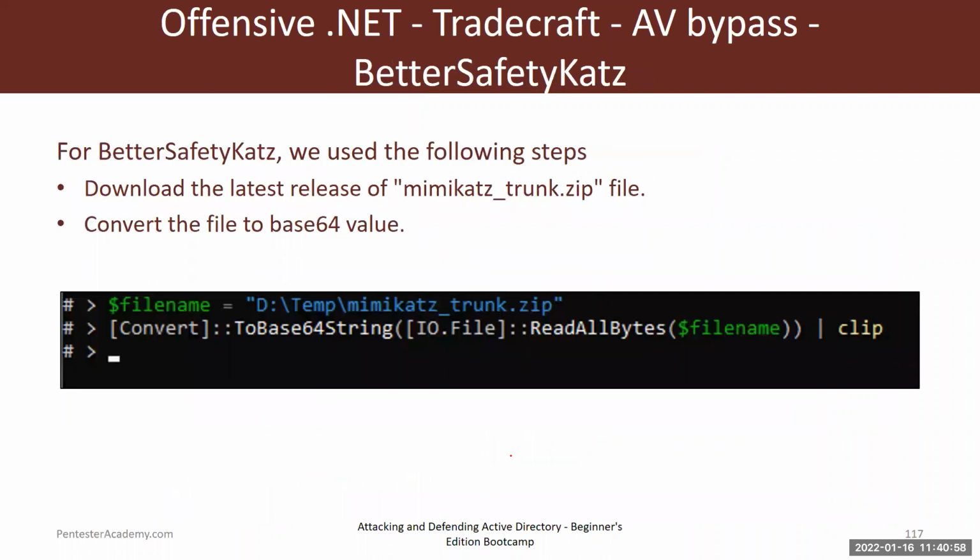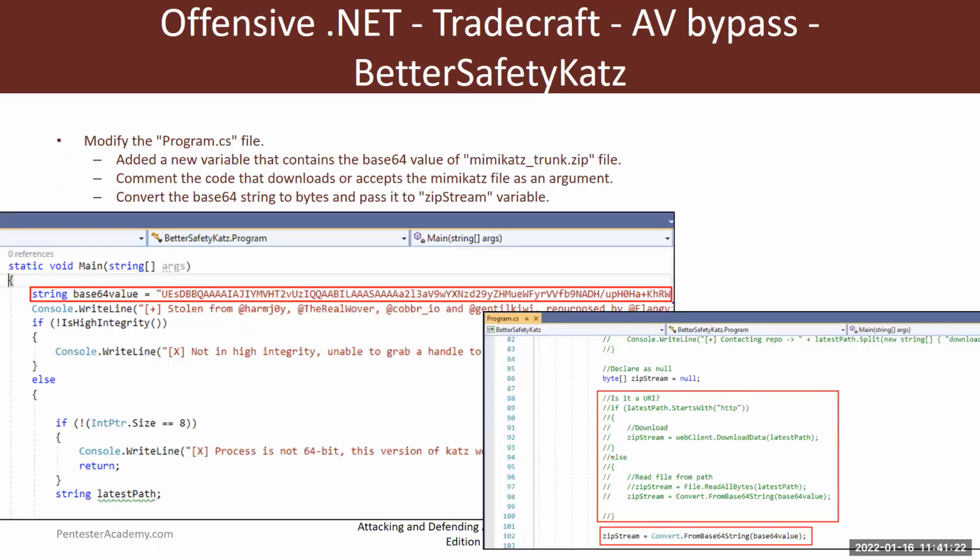For BetterSafetyKatz, what it does is it downloads the latest version of Mimikatz from Benjamin's GitHub repository and uses it. So downloading anything from within an executable may also flag some behavior-based detection. So in place, what we did was we downloaded the latest release of Mimikatz and converted that to a base64 value.